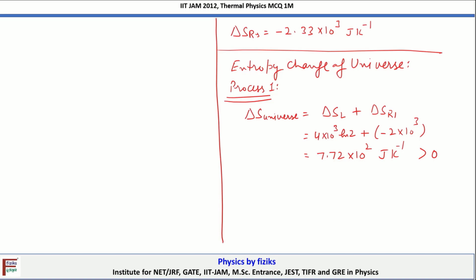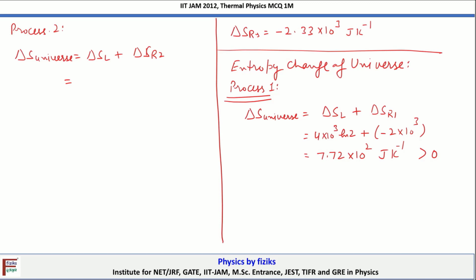Now let's calculate the entropy change of the universe for process 2. So delta S universe is equal to the entropy change of the liquid in process 2 plus the entropy change of the reservoir in process 2.